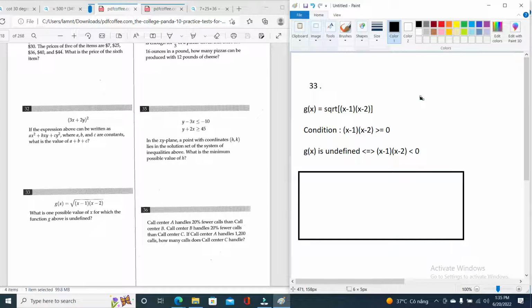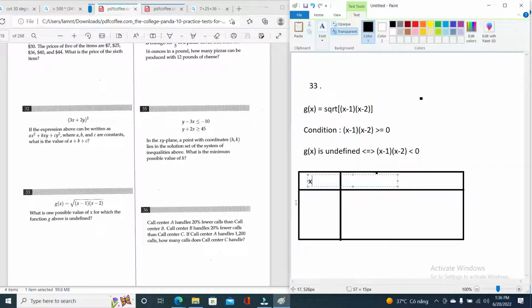Let's say a table like this. So this is x.